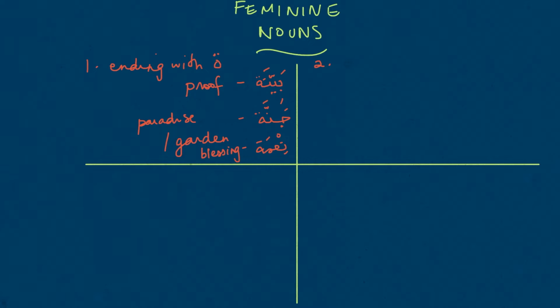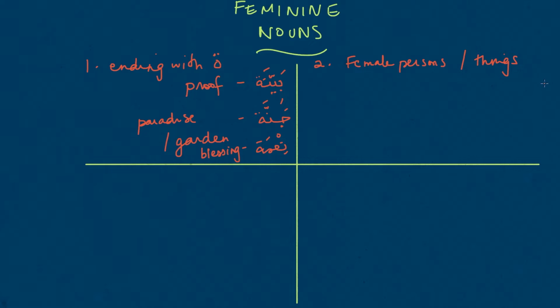Now let's look at the second category. These are nouns which refer to female persons or things considered feminine in Arabic, such as the names of countries or cities.